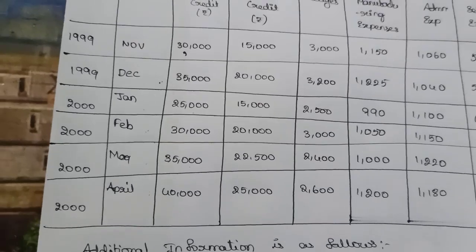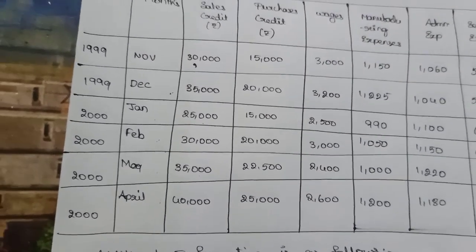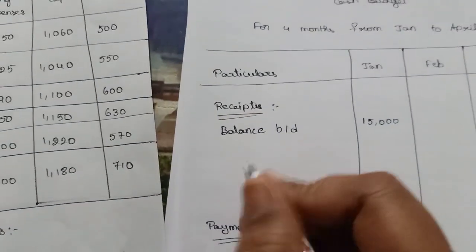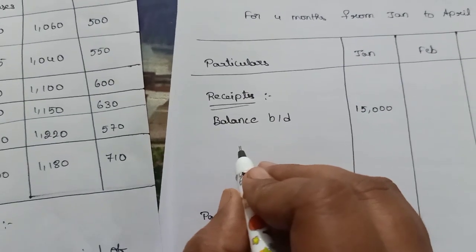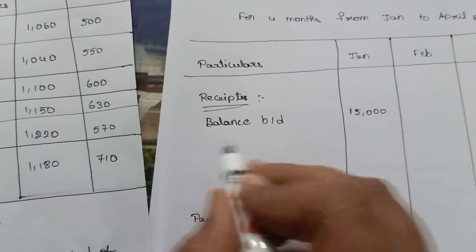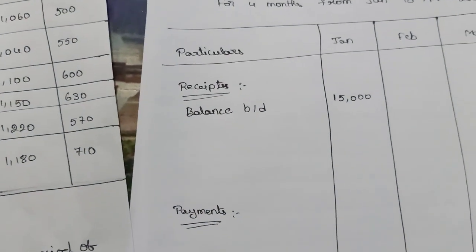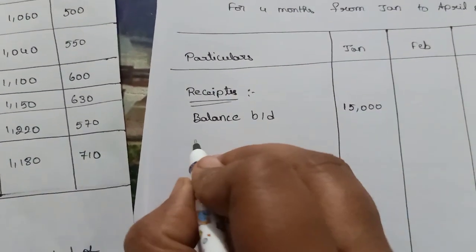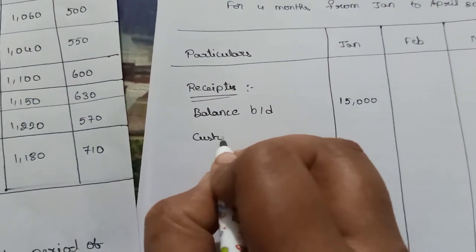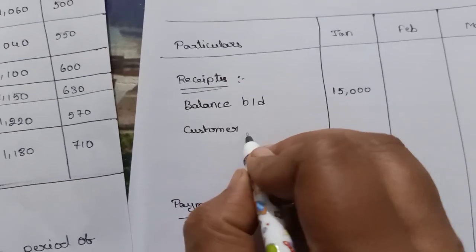So now we have to note that 30,000 in particulars. So what is that? That is what is given to the customers for the sales.